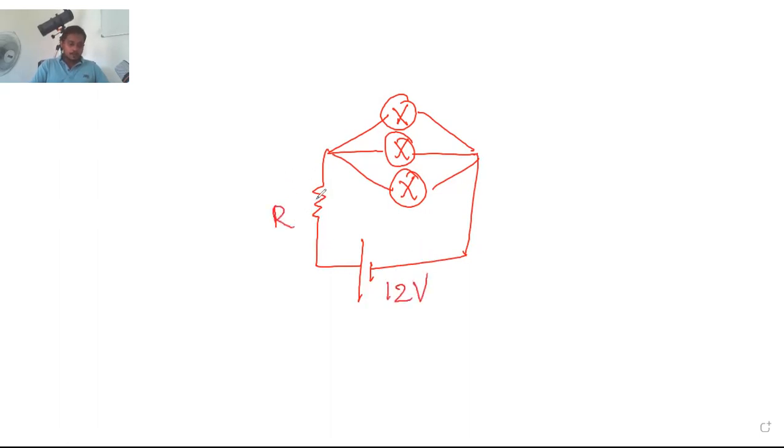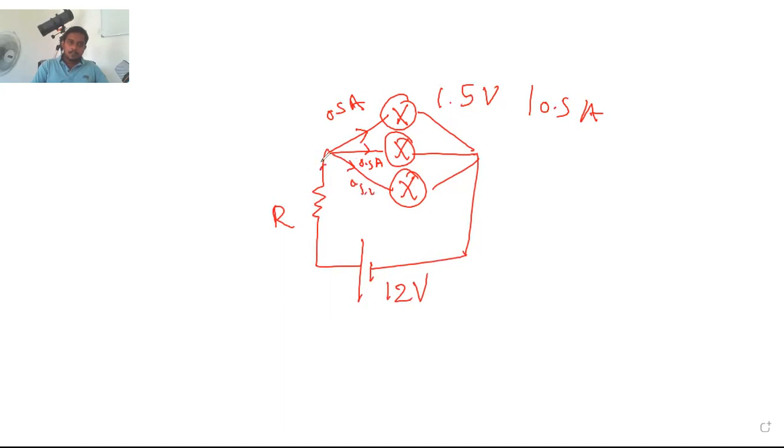The bulbs were labeled as 1.5 volt and 0.5 amps. Here we are getting 0.5 amps, 0.5 amps, 0.5 amps.